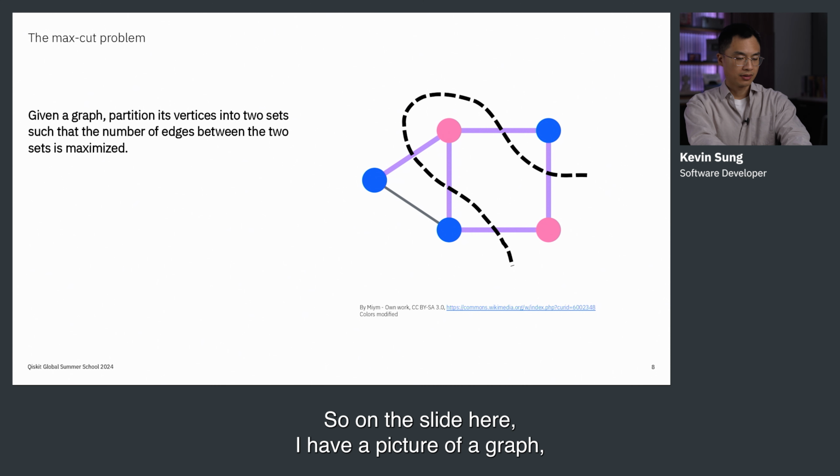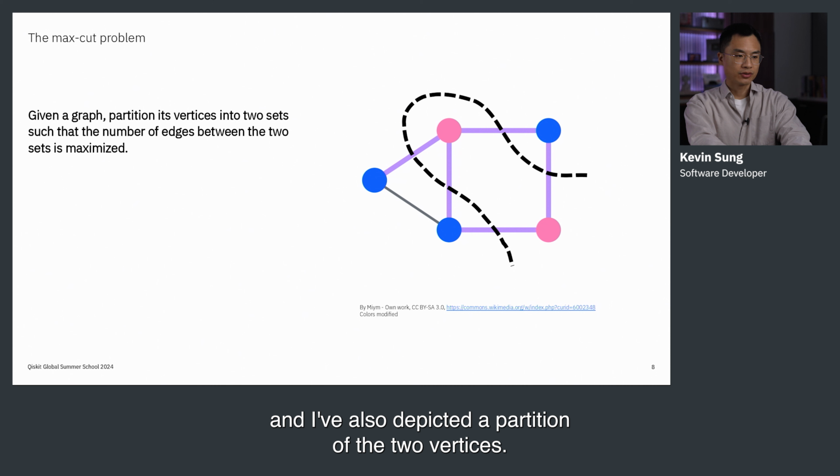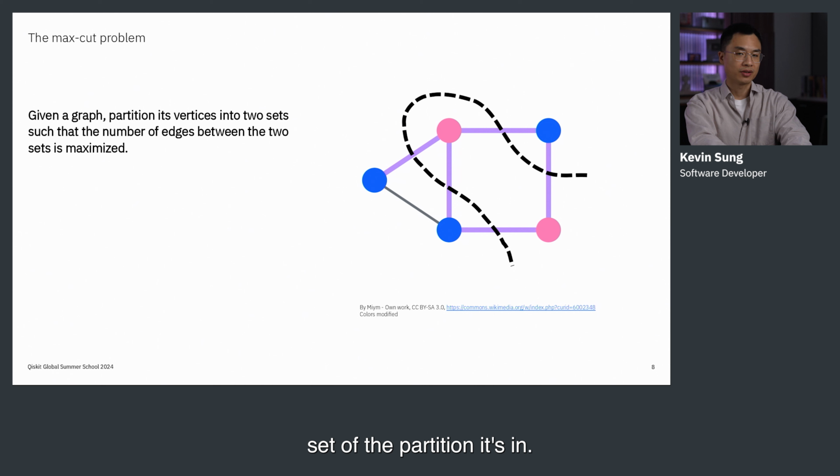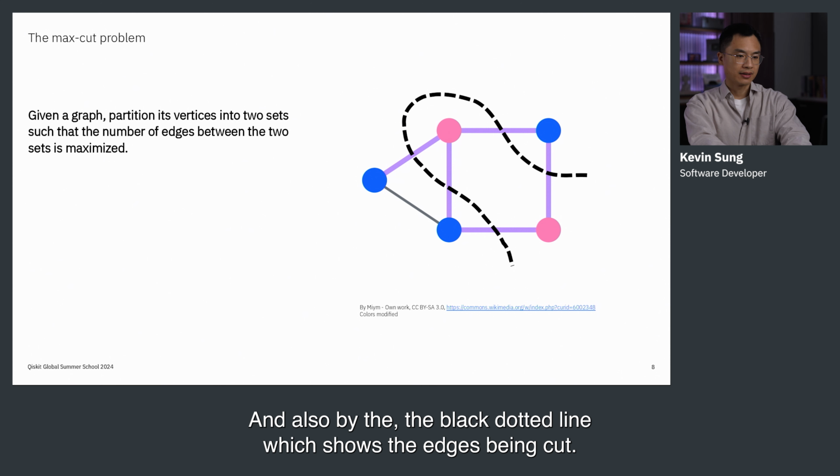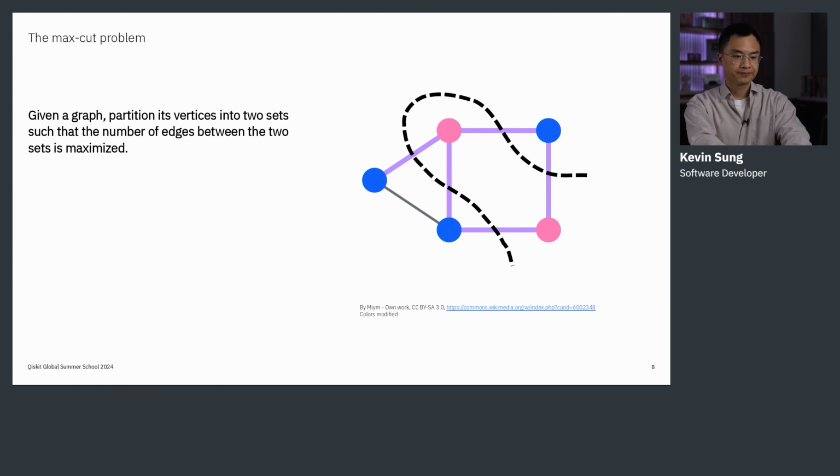On the slide here, I have a picture of a graph, and I've also depicted a partition of the vertices. The color of the vertices indicates which set of the partition it's in. And given this partition, some of the edges will be cut, and that's depicted by the color of the edges. Here the purple edges are cut, and also by the black dotted line, which shows the edges being cut.